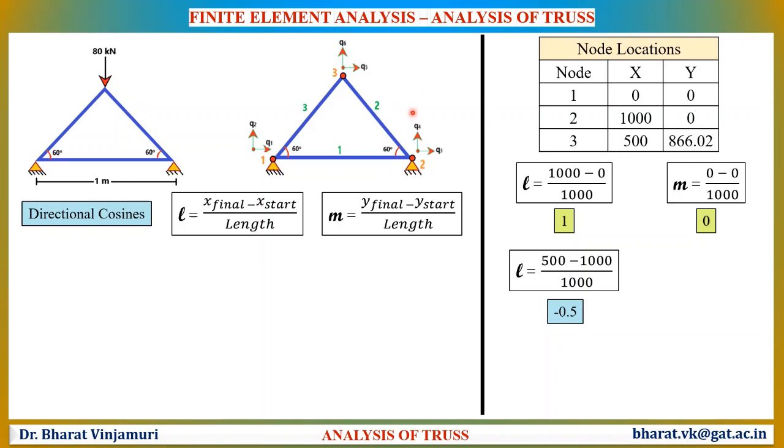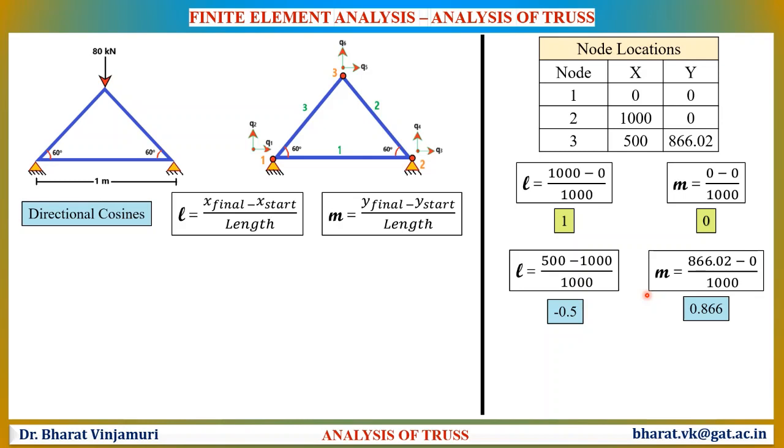Similarly, the starting node of element number 2 has an x coordinate value of 1000. Thus, we have got the value of 500 minus 1000 divided by the length of the element. In order to find the value of M, once again the final node y coordinate value minus the starting node y coordinate value will give the value of M.